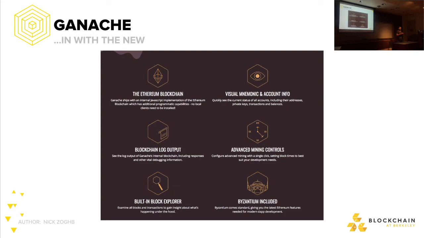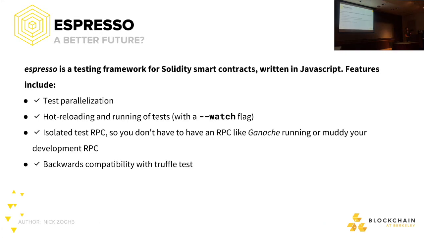And then I want you to take everything we've talked about and maybe not, but maybe throw it out the window, because this past weekend, somebody at ETH Denver, a hackathon in Denver, went ahead and made Espresso, which seems to be better than Truffle tests in every way.